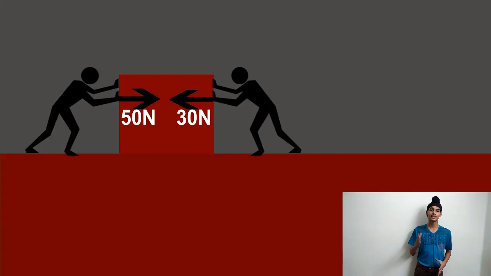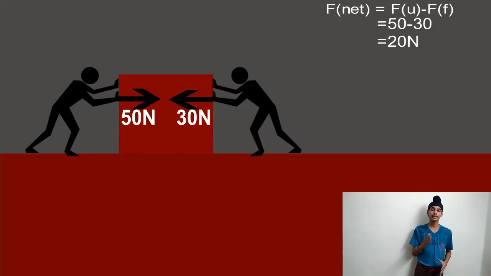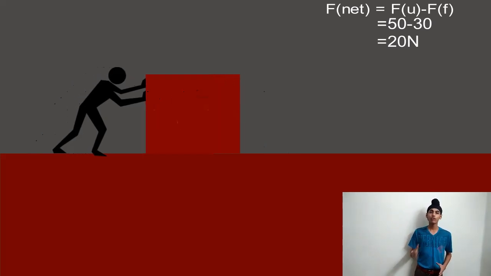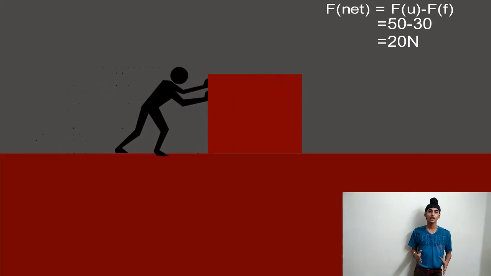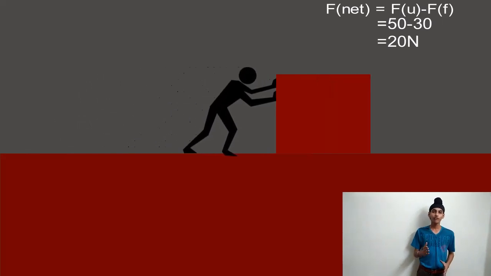That force is the net force. In our block case, the net force is the difference between your force and your friend's force. That is 50 minus 30 equals 20 Newton. So the block will move with a force of 20 Newton towards the right, as your force is greater than your friend's force. It must be kept in mind that force is a vector.